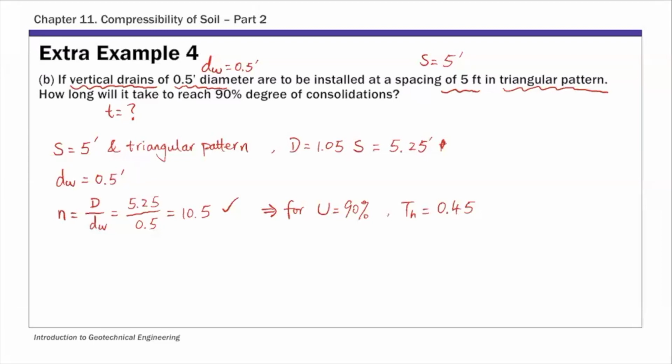Once we have this T sub H, then small t is T sub H times HDR squared over C sub H. The other thing, for radial drainage, your HDR: because water flows horizontally, actually the drainage distance is that capital D. So that's the radius of that tributary area.